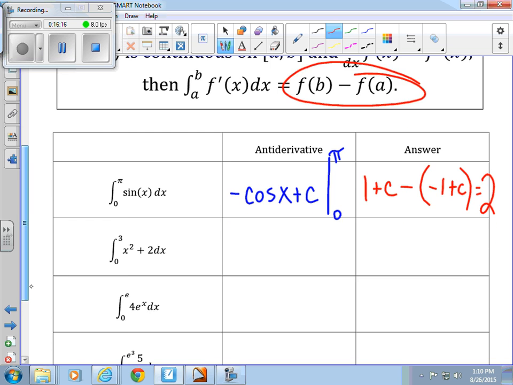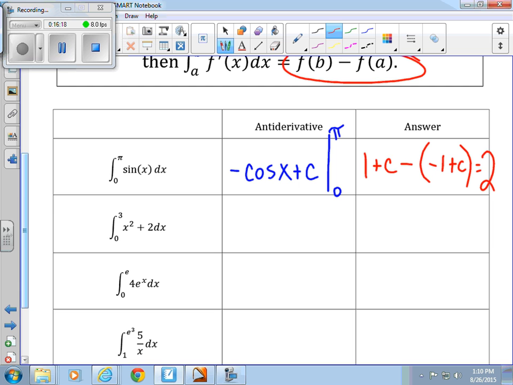Okay, let's look at the next one. What is the antiderivative of x squared? Good. X cubed over 3, does everyone agree? Plus 2x.